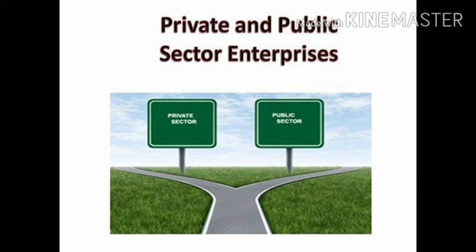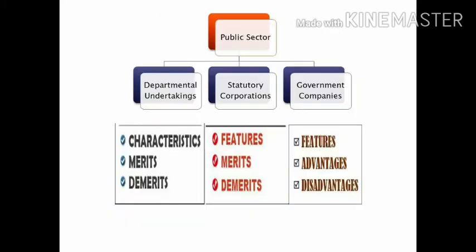And finally, we have to study about the types of public sector enterprises. There are three, you all know: departmental undertaking, statutory corporation, and government companies. In all these three types, you have to study about the characteristics, merits, and demerits of these forms.